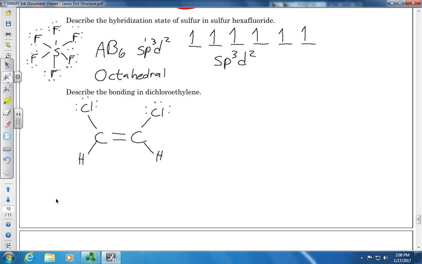Okay? And so if we look at a given carbon, let's look at this carbon, we're just going to look at the geometry of that specific carbon. So we have a carbon with no additional lone pairs on it that's bonded to 3 other atoms. So that tells us that it's going to be trigonal planar.